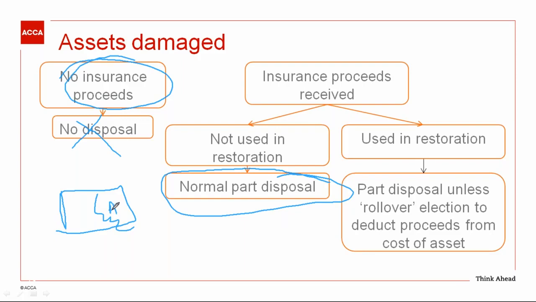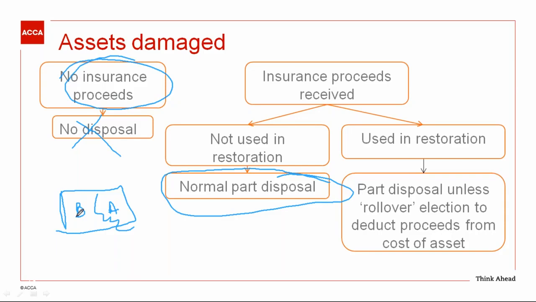The damaged area of the painting, I would call A, and the remaining part, which is not damaged, I will call B. A little while ago, I explained how to do the chargeable gain computation. If it is a part disposal, then you must adopt a similar computation here to calculate the chargeable gain arising from the damaged asset, which is now insured and receiving insurance compensation.